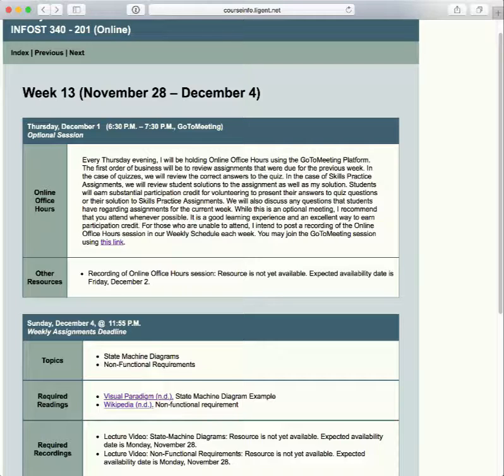Okay, and in the demo that I'm going to do for you, or the example that I'm going to show you in a couple of minutes, it's an application that has to do with graduate school applications. So the main entity is the graduate school application.